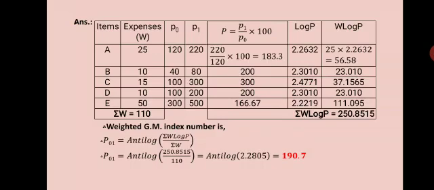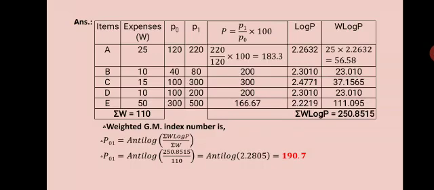Then we require W into log P. W, that is second column, expenses, into log P, that we have calculated just, that is 25 into 2.2632 we will get 56.58. The next is 10 into 2.3010 we will get 23.010.